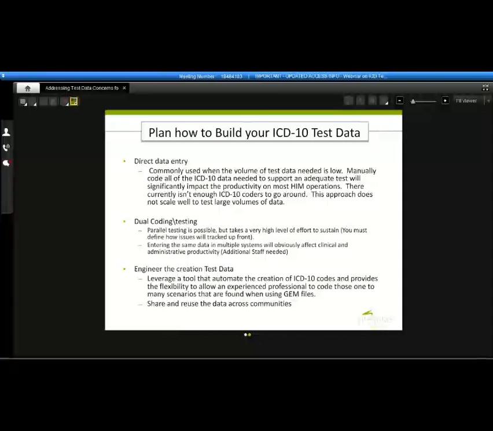Okay, thanks, Dexter. And one thing I'd like to comment on is this idea of the parallel test or the dual coding test. As Dexter says, it's pretty hard to pull that off. This used to be possible to do back in the day, when systems were not nearly as integrated as they are today.